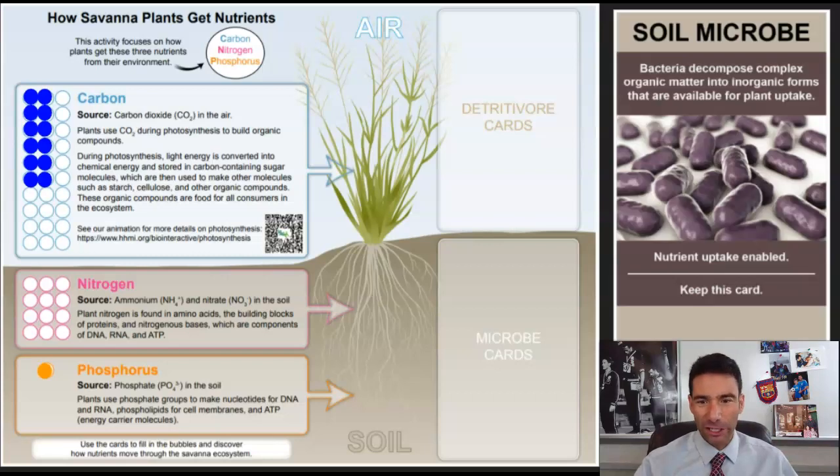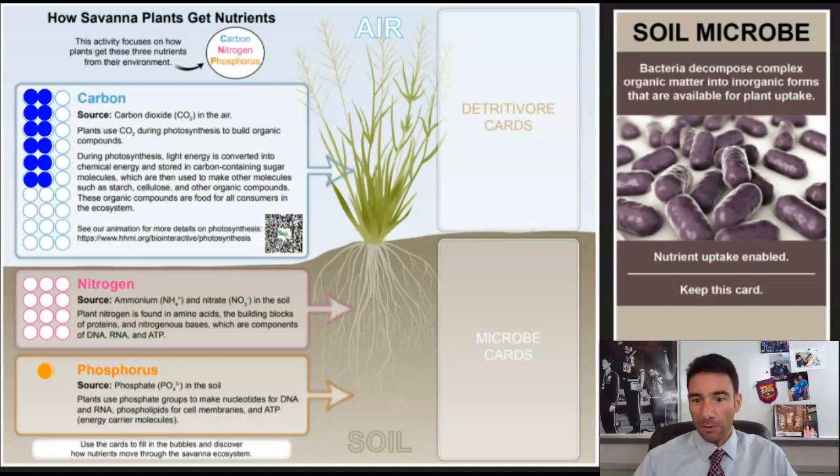Oh, I hope it's something good. Soil microbe. Oh, this one looks a little different. These bacteria decompose complex organic matter into inorganic forms that are available for plant uptake. Yes! So some of those big molecules that get peed or pooped or just come into the soil from other means are too big for the plant's roots to suck up into the plant.